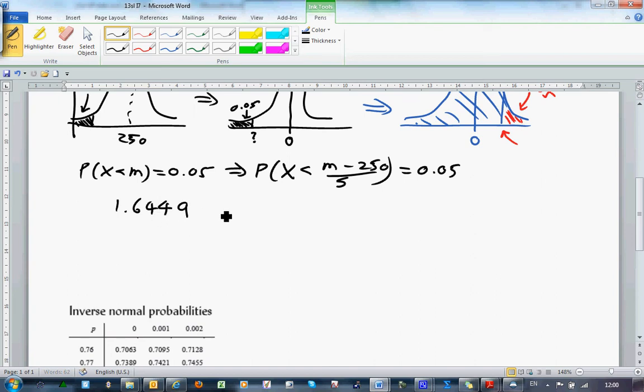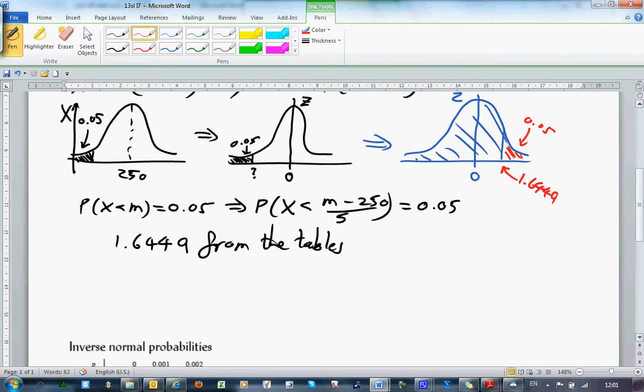So on our little drawing up the top, this is 1.6449. So again, by symmetry, if that's 1.6449, when we flip it over, this must be, looking at this diagram, negative 1.6449, because again, just looking at that symmetry.